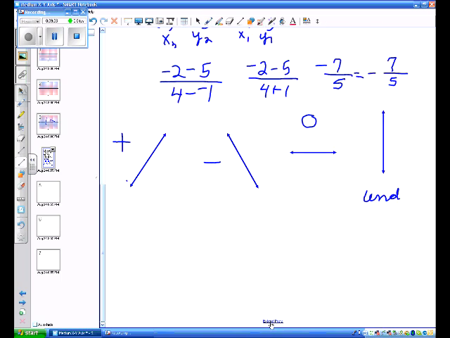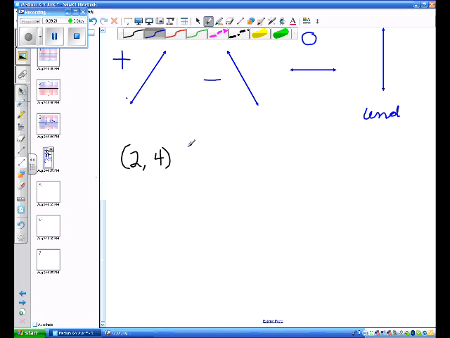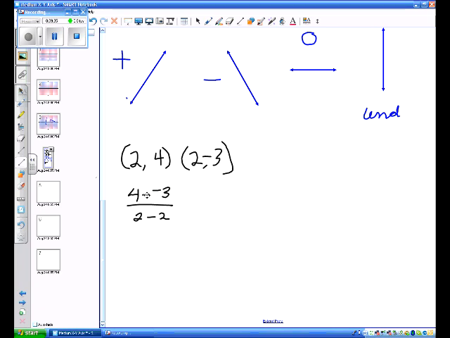And let's just look at a couple of those with the 0 and the undefined so that you can see how that happens. Let's say that we have the points 2, 4, and the point 2, -3. Okay, if we do our slope, then it's the change in the y's, so 4 minus a -3, over the change in the x's, 2 minus 2, which minus a negative gives us a plus, and so that will give us 7 over 0.